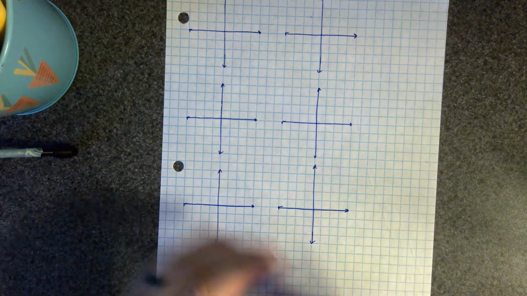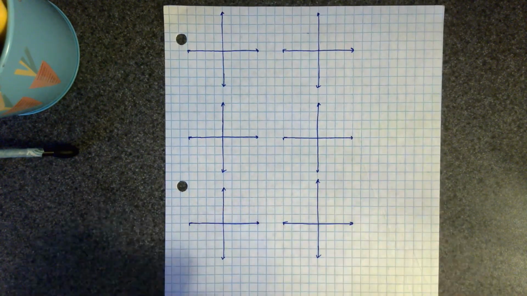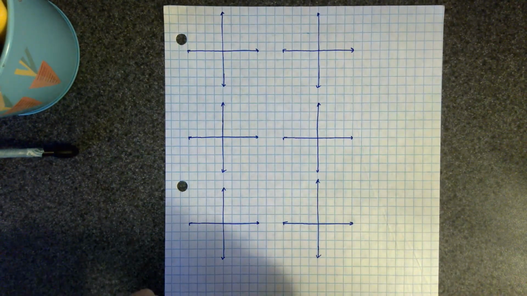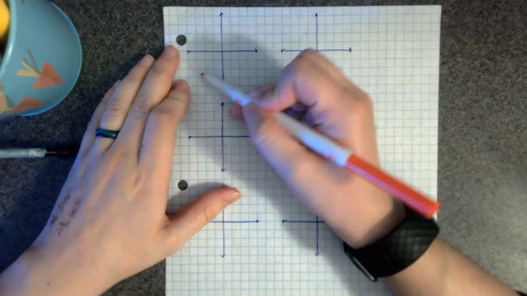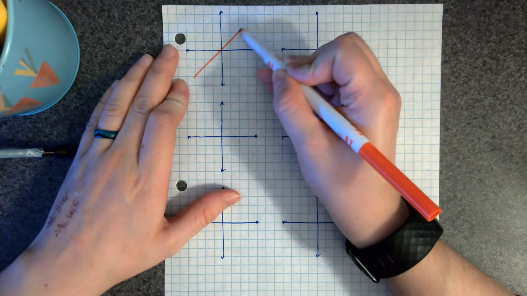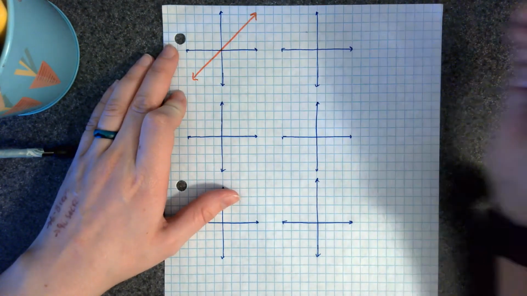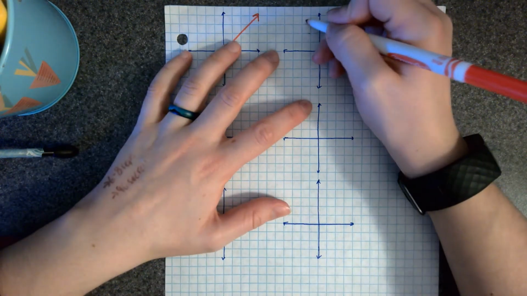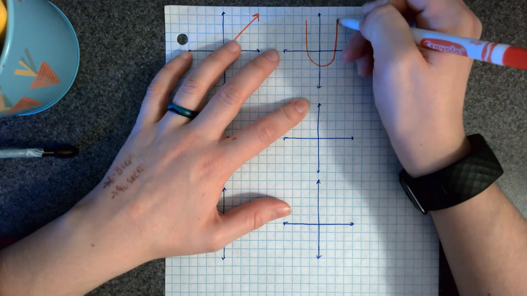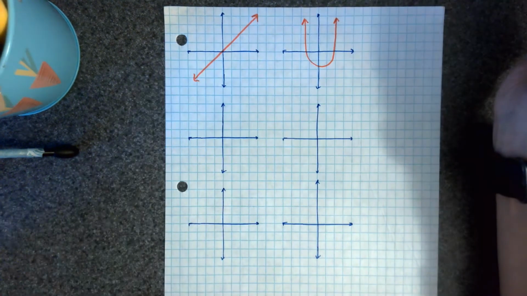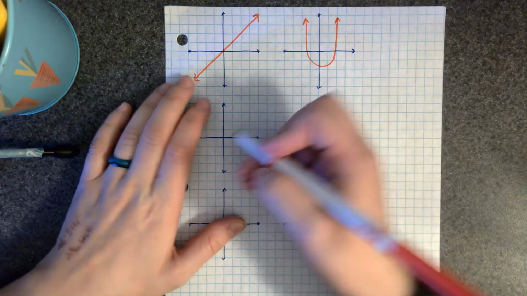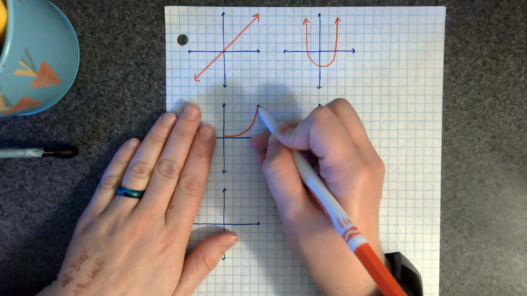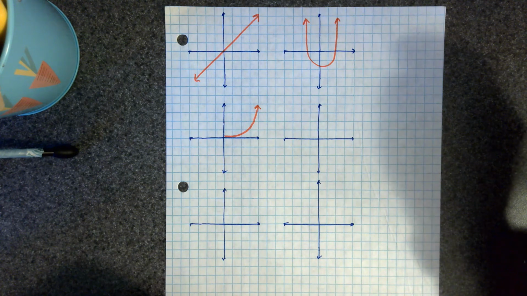Okay, graphs. Graphs are probably one of the easiest places to identify a function. You guys are very familiar with the idea of a linear line. Okay, that is a positive linear line. You've also seen a couple parabolas. And in chapter 8, we're going to take a look at some exponential functions.